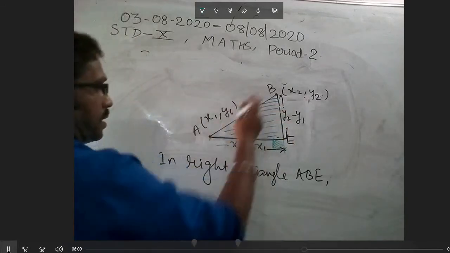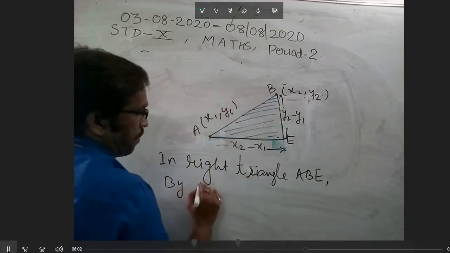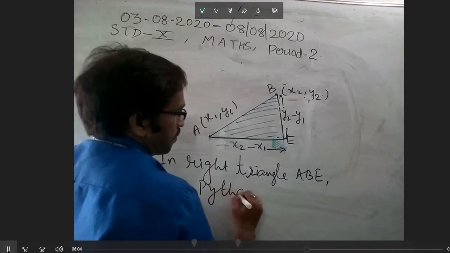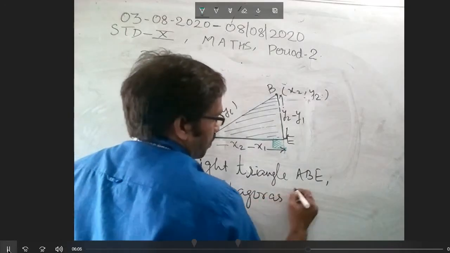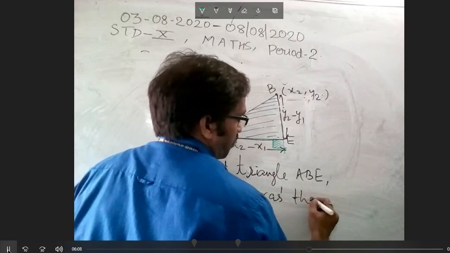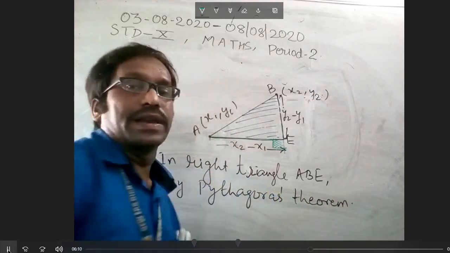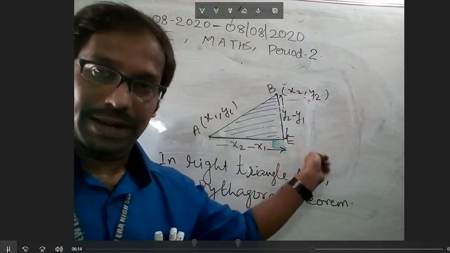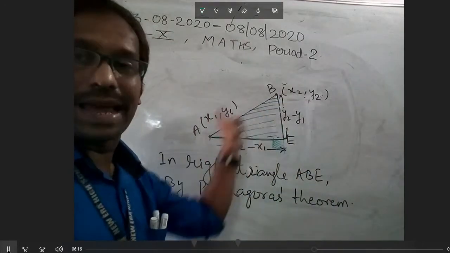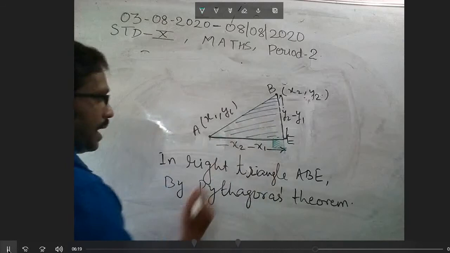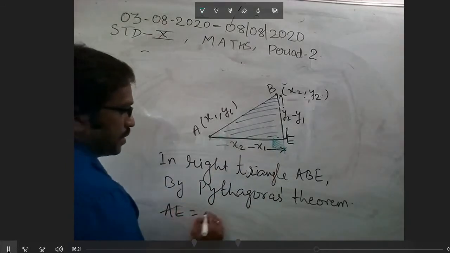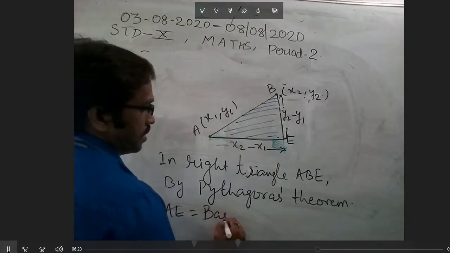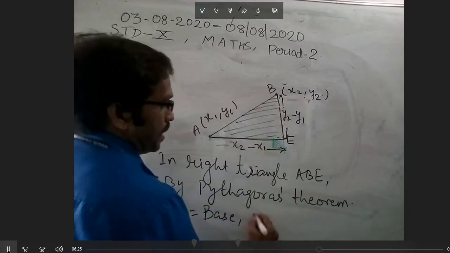AB square is the hypotenuse, AE is the base, BE is the perpendicular. By Pythagoras we can say here that AB square is equal to AE square plus BE square. AE is my base and BE is my perpendicular here.